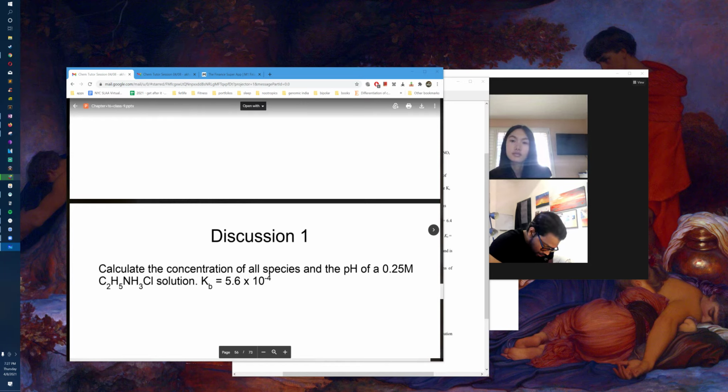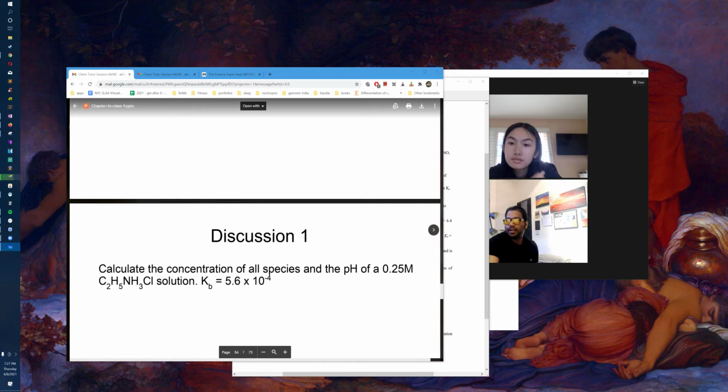So I'll mark it like this. This is the base, and it turns into the conjugate acid. Here, this acts as an acid, so here is its conjugate base. Does that make sense? Yeah.